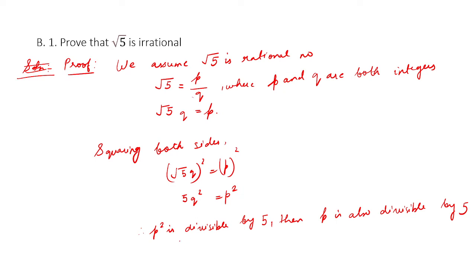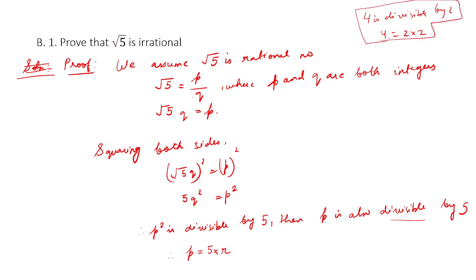Next, therefore, if p is divisible by 5, what do you understand by p divisible by 5? It's understood that p is equal to 5 into, I'll assume this to be r, okay. Divisible by 5 means it can be written as something like that. See, 4 is divisible by 2, it means 4 can be written as 2 into 2, okay.